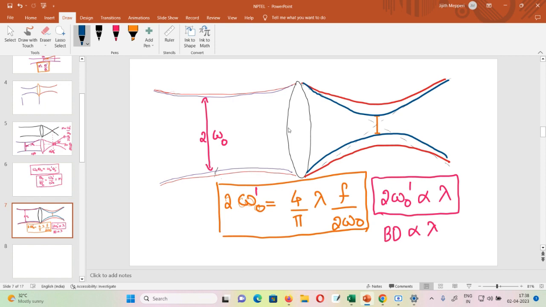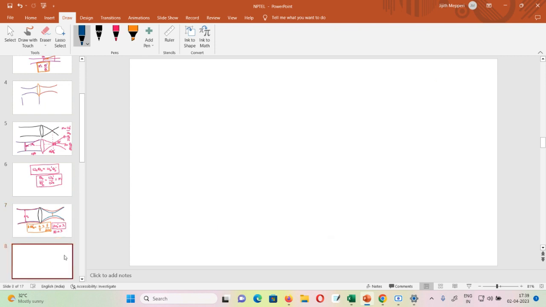Yes, now you see that you are going to use a microscope and image different parts of your sample.